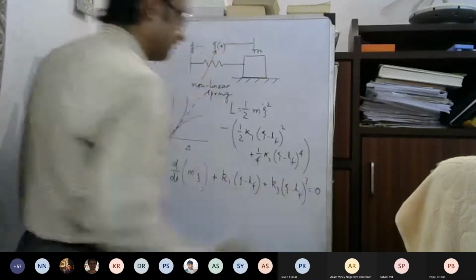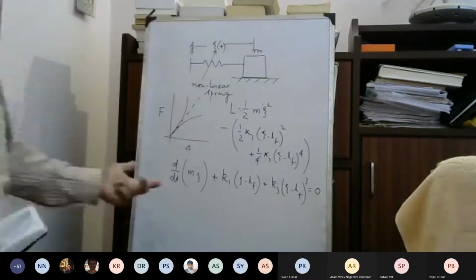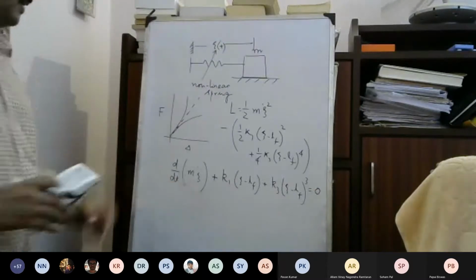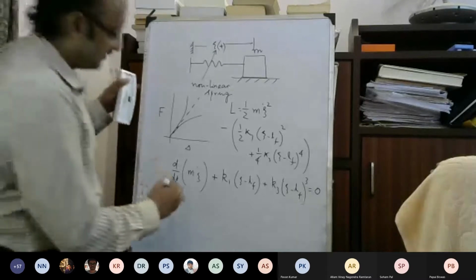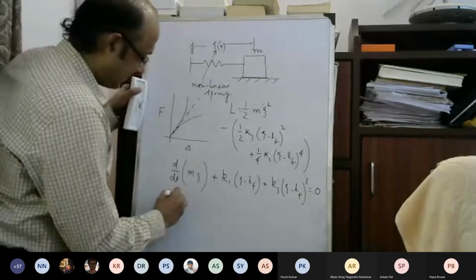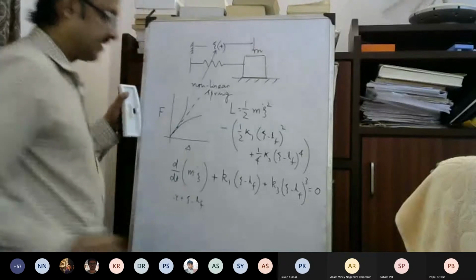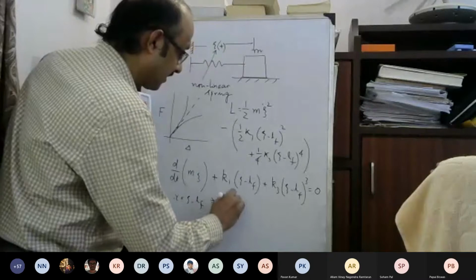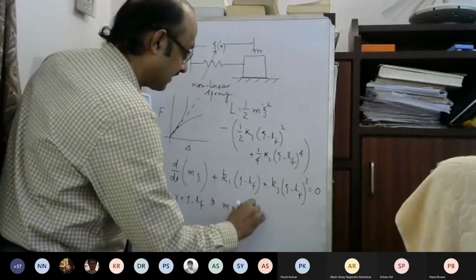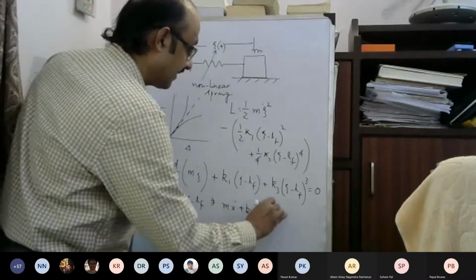This is equal to 0. Right. Now I'll substitute x equal to zeta minus Lf as usual. Then I'll get this equation here, m x double dot plus k1 x plus k3 x cubed.